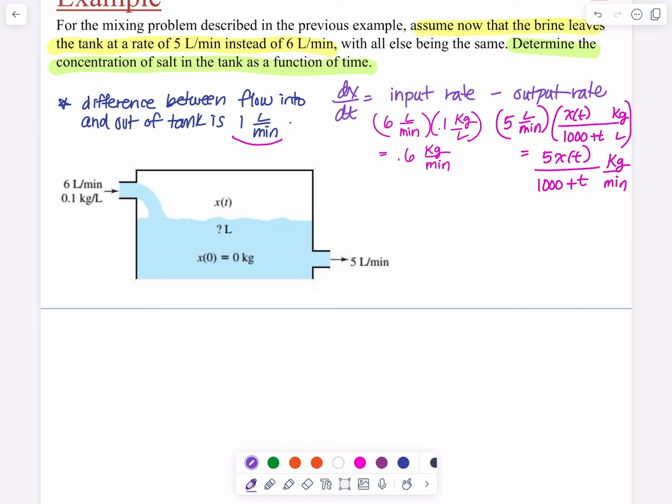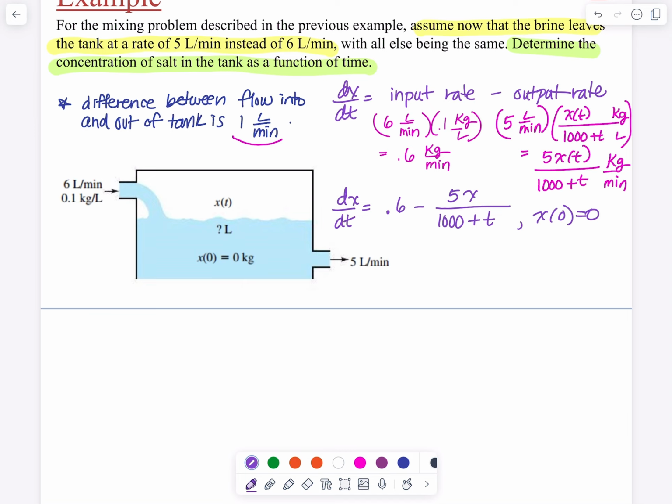So now plugging these into our model, we have dx/dt is equal to 0.6 minus 5x divided by 1,000 plus t, and we do still have that initial condition of the concentration of brine being 0 since we have pure water.